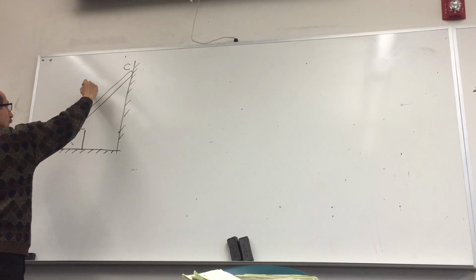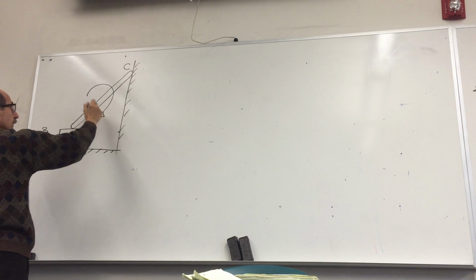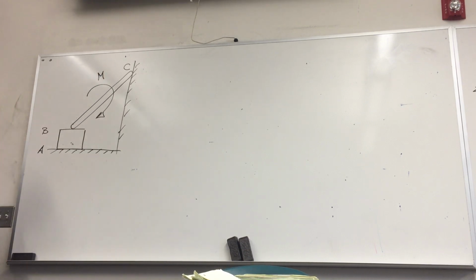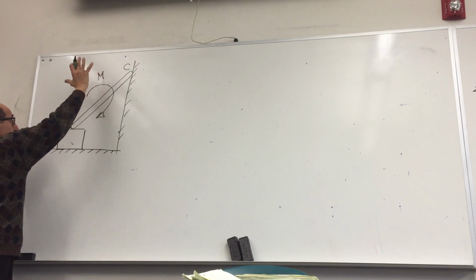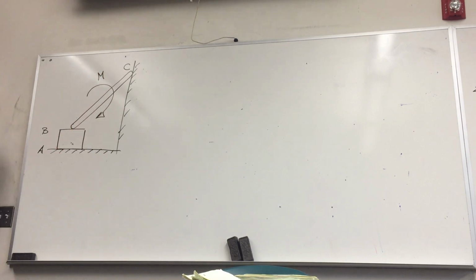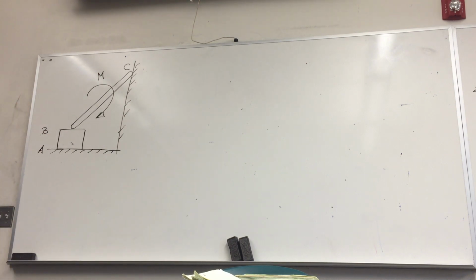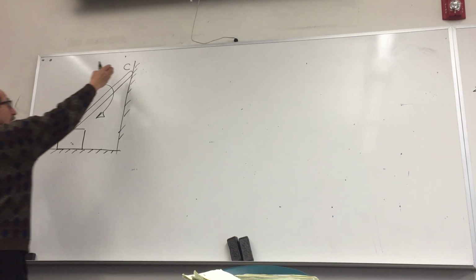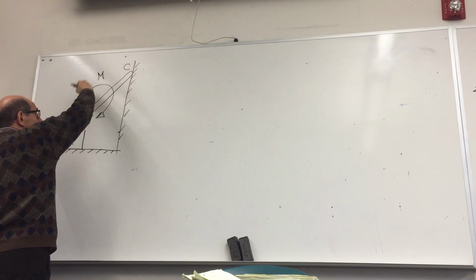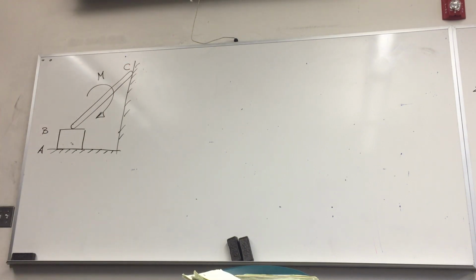What we want to do is apply a torque or a moment M and find out the magnitude of the moment that can be applied in such a way that this rod doesn't move along this wall, or stays stationary at that point. So if this rod stays stationary due to the application of this moment, how much is that moment?